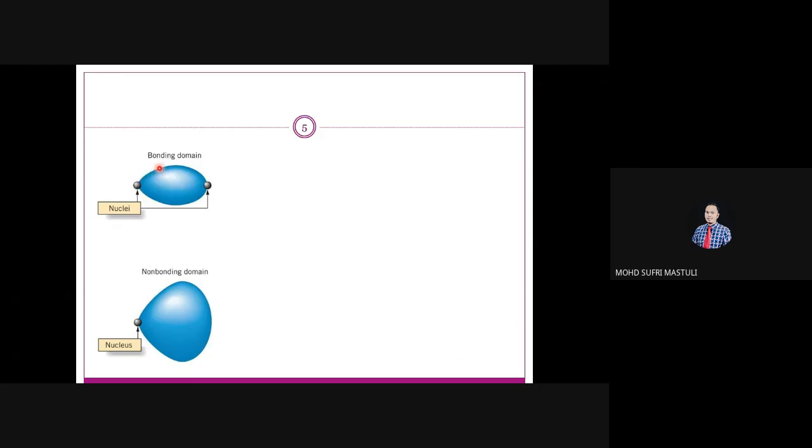So it means that the electron domain distribute symmetrically, or distribute equally. But if we have lone pair, only electron belong to one atom, the electron domain separate unsymmetrically, because there is no attraction between two atoms.